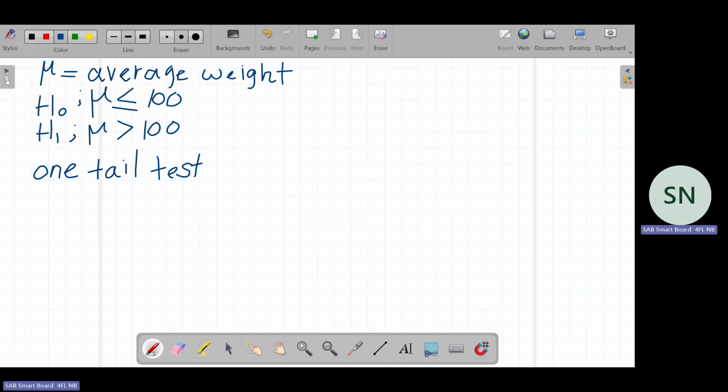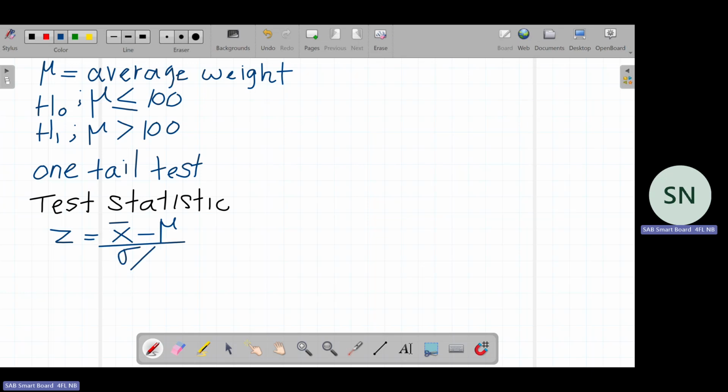Next step, you need to calculate the test statistic. Here the test statistic we use is Z. There is a formula: Z is the sample mean minus the population mean, divided by the standard deviation divided by the square root of n.